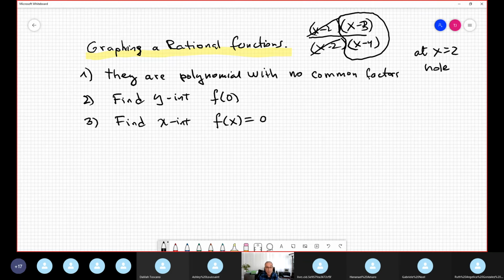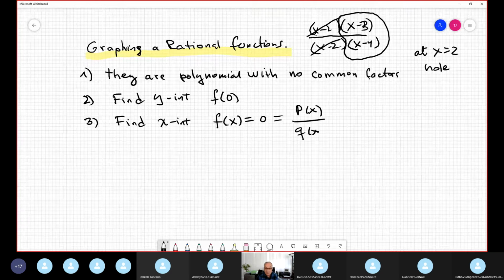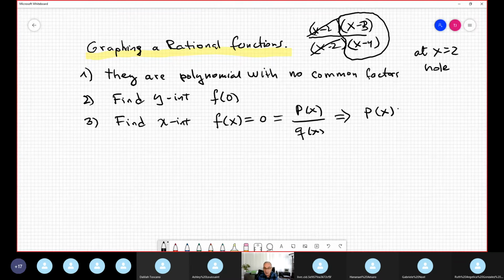This is the formula always for any function, but specifically a rational function is a polynomial divided by another polynomial, and this fraction equals 0 only because p is 0. If you ignore q totally in your mind, q doesn't participate in the game. You take the top part equal to 0, set up this equation and solve it, and you get the x-intercept, which is the point at which the curve crosses the x-axis.